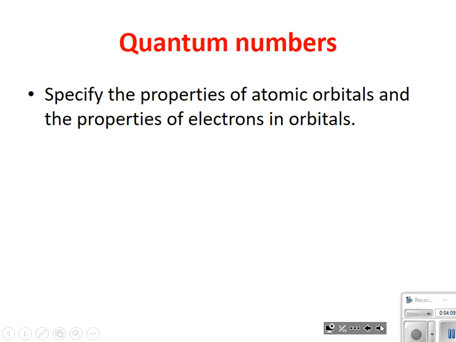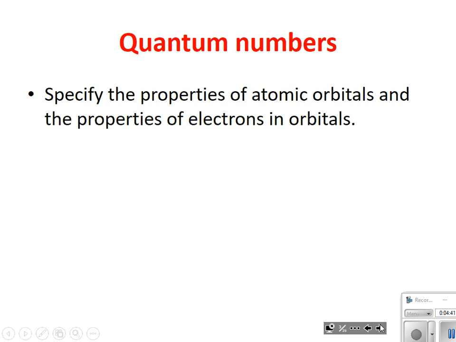We're going to discuss today 4 different quantum numbers. And these quantum numbers specify the properties of atomic orbitals and the properties of the electrons that are in these orbitals.